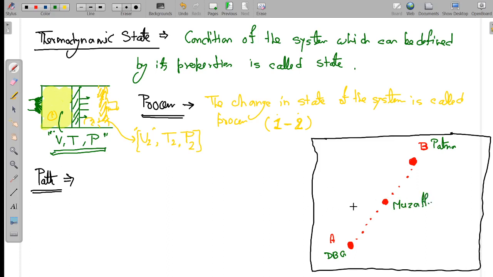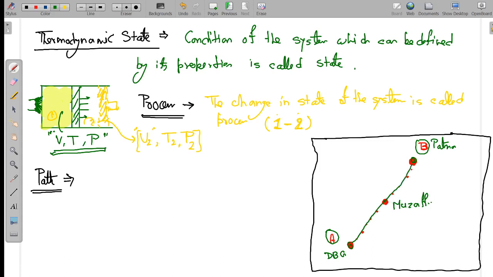When I am moving from Darbhanga to Patna, I am going through a process in which I am moving from state A to state B. When I am in Darbhanga, I am in state A. When I have reached Patna, I am in state B. But during that process, I have passed through a series of states.